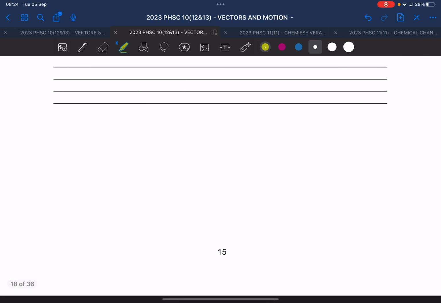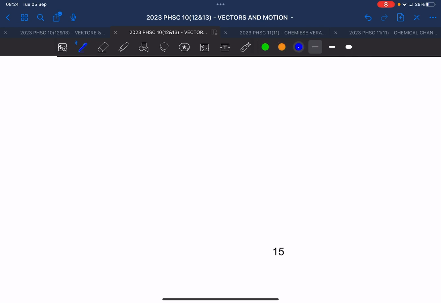Okay, now I want to go here to the bottom. Velocity time. Let's say the velocity time graph that you get looks like this.